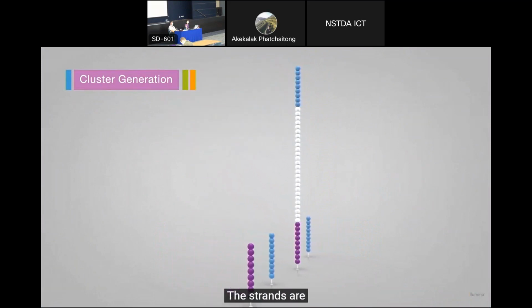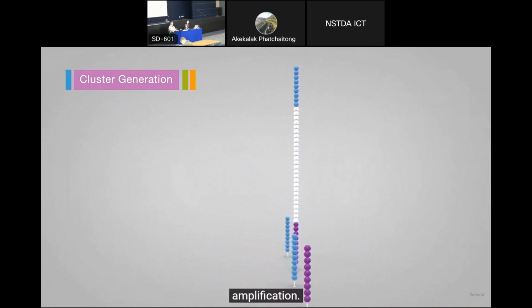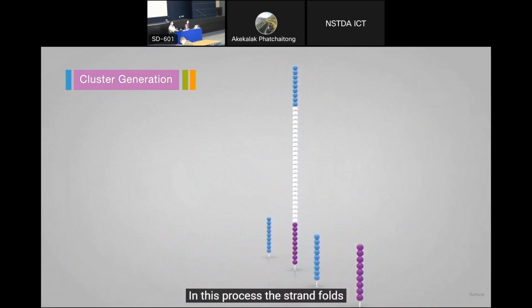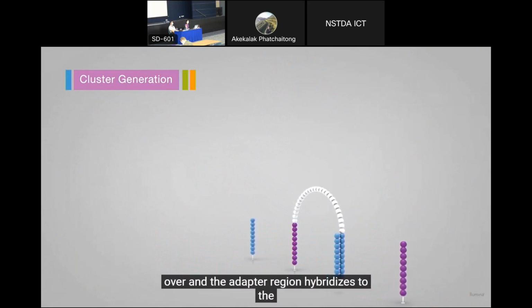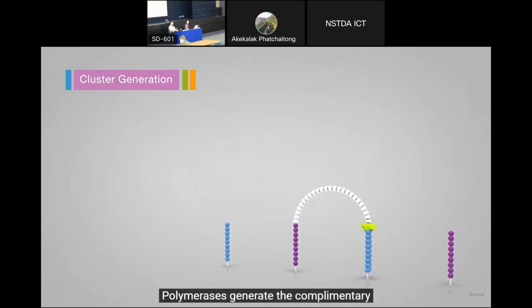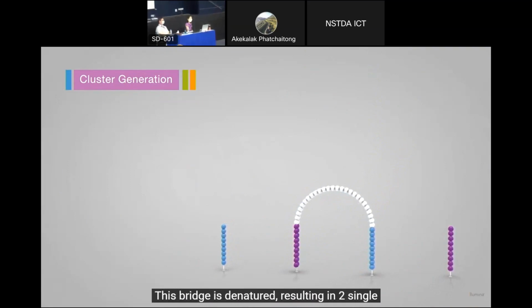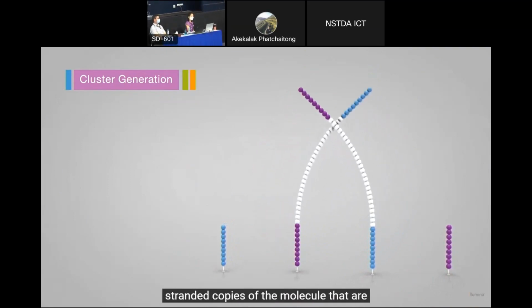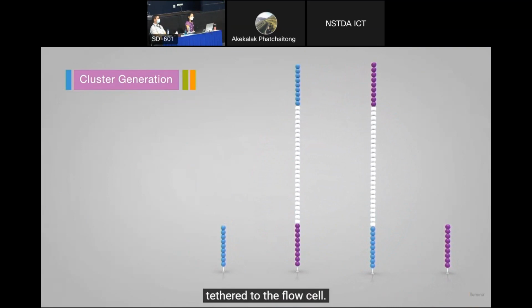The strands are clonally amplified through bridge amplification. In this process, the strand folds over, and the adapter region hybridizes to the second type of oligo on the flow cell. Polymerases generate the complementary strand, forming a double-stranded bridge. This bridge is denatured, resulting in two single-stranded copies of the molecule that are tethered to the flow cell.